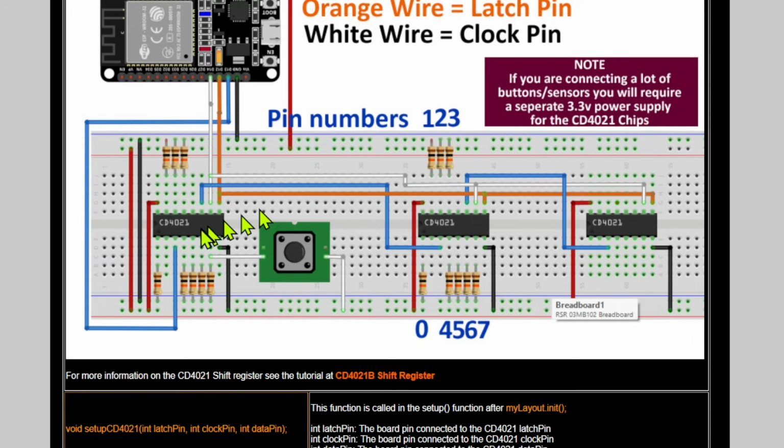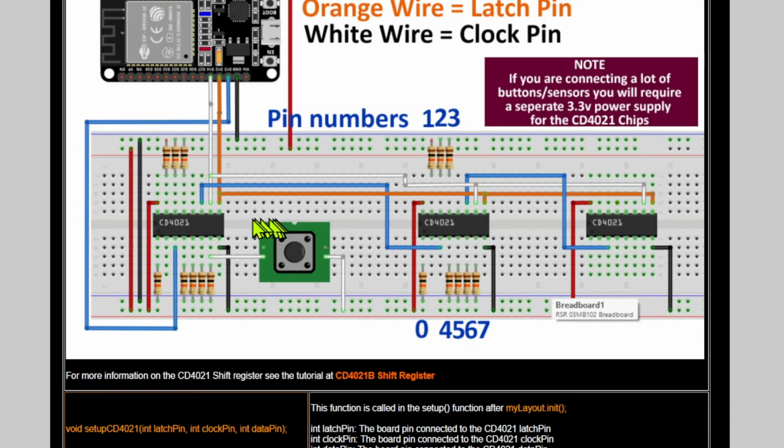If you are using a lot of these chips, because these chips are super cheap, you might add 5, 6 chips if you wanted a lot of sensors in one area. Just be aware that obviously the ESP32 is not able to supply an endless amount of 3.3 volts. It just doesn't give enough amps.